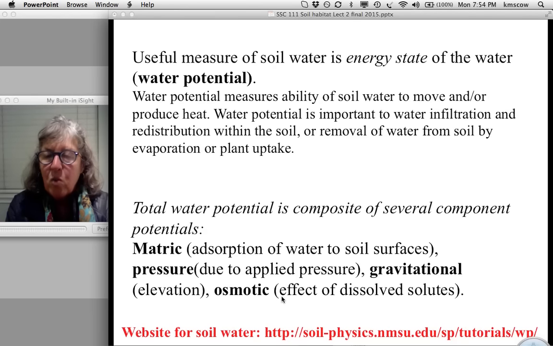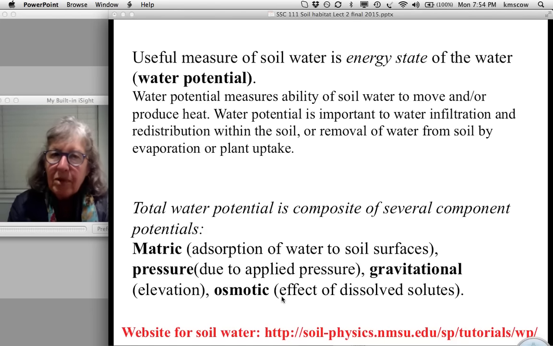Okay, soil water. So soil water is a pretty complex topic. I hope that I can simplify it enough that for those of you who don't enjoy the topic, you can kind of get the hang of it. But it's really quite interesting. And it's because soil water is measured best by the energy state of the water, something that we call water potential.